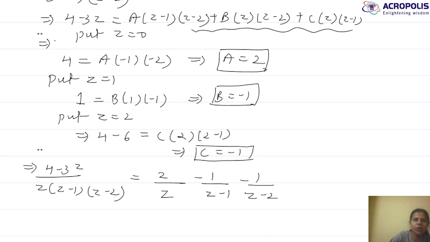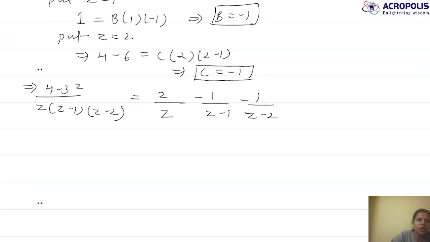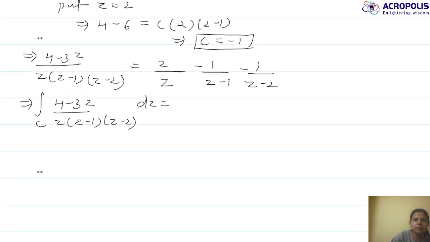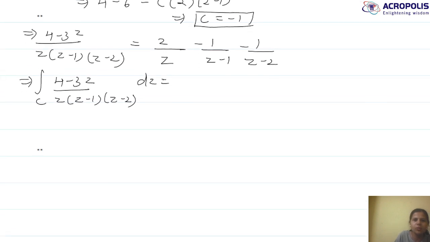So we need to evaluate the integral along C of (4 minus 3z) upon z(z minus 1)(z minus 2) dz, which equals the integral of 2 by z dz minus the integral of 1 upon z minus 1 dz minus the integral of 1 upon z minus 2 dz.